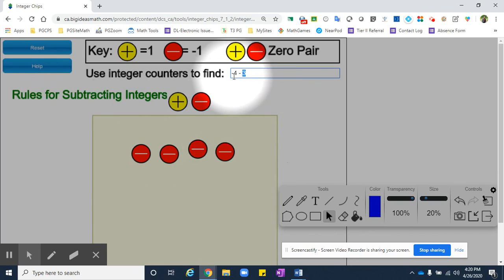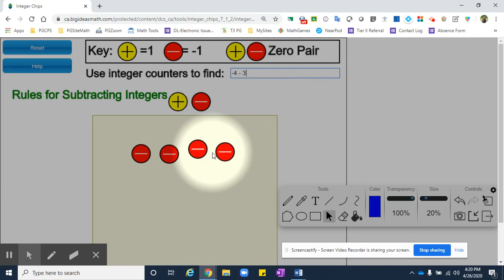Again, it's -4, so 4 red chips take away 3 yellow chips. Oops, I don't have any yellow chips. So what do I do? The next thing you do is you need to manipulate your mat, like what you have right here. So I'm going to add 0 pairs.